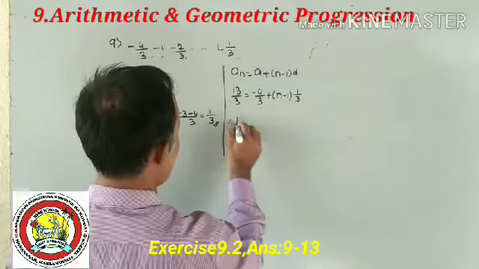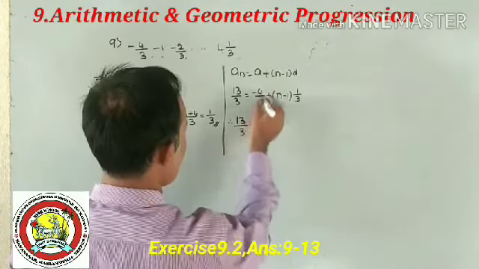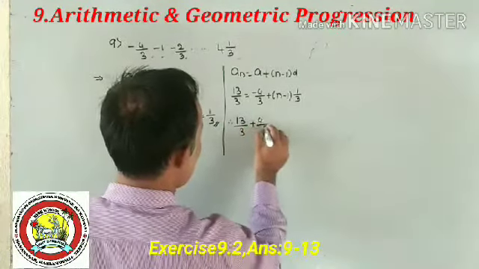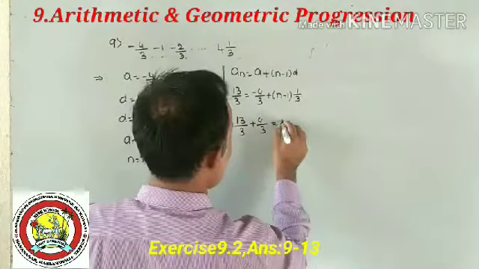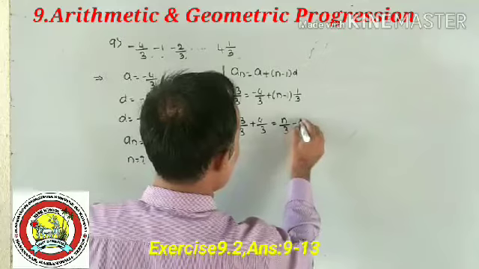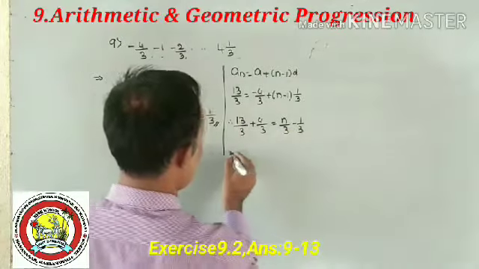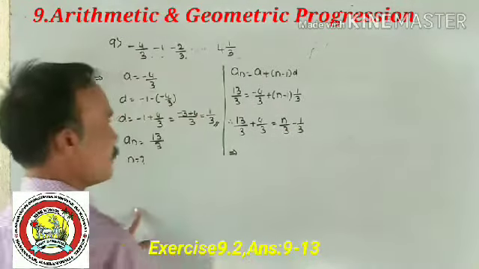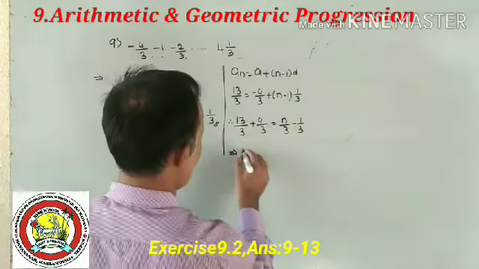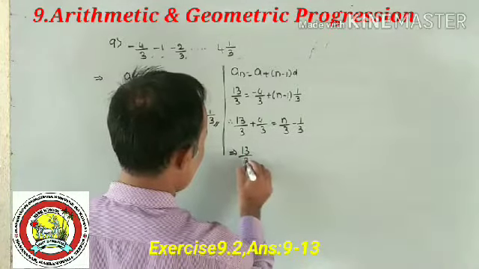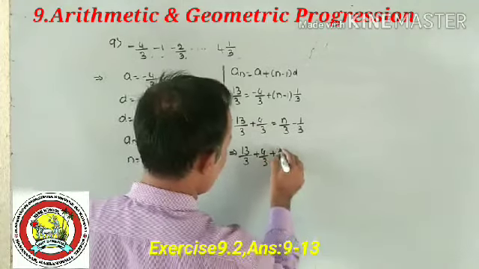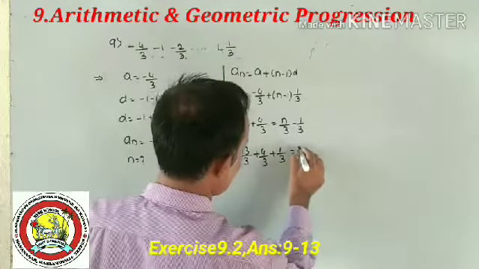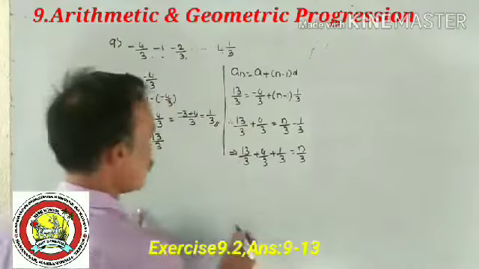Therefore 13 by 3, we take this term here, plus 4 by 3 is equal to n by 3 minus 1 by 3. So 13 by 3 plus 4 by 3 plus 1 by 3 is equal to n by 3.